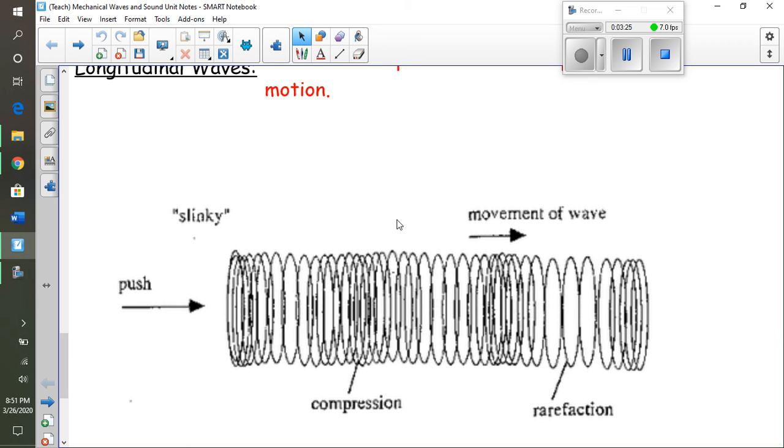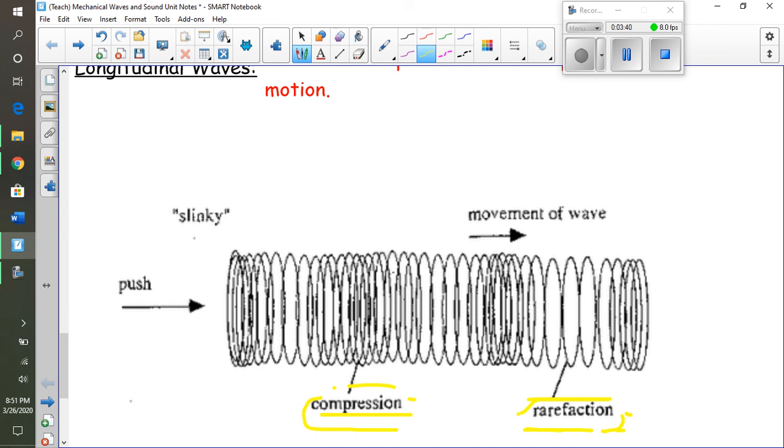Now there are a couple of important terms with this. So I'm going to get a highlighter here. The compression and the rarefaction. The compression is this area where we have more density, and the rarefaction is this area where we have less density.